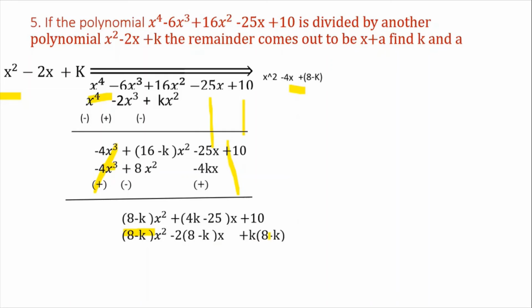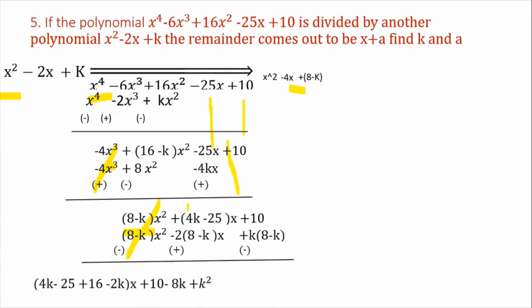Again, we have to change the symbols to their alternatives, and after performing addition, 8 minus k x squared and minus 8 minus k x squared get cancelled, and the remaining terms are 4k minus 25 plus 16 minus 2k into x plus 10 minus 8k plus k squared.